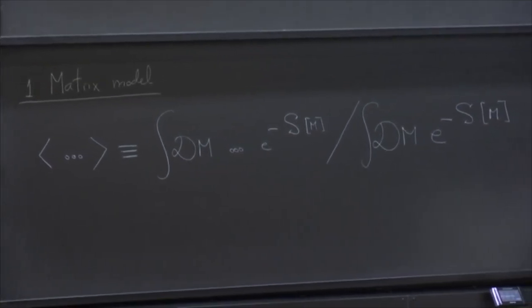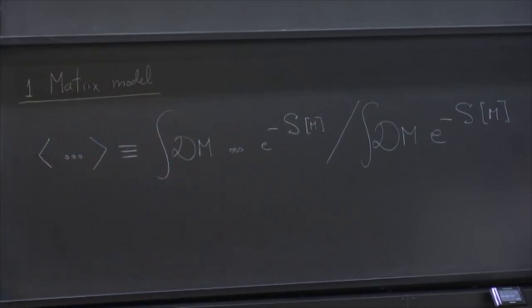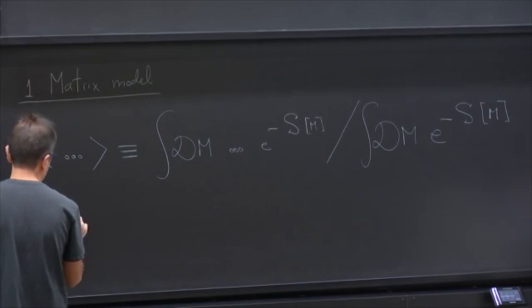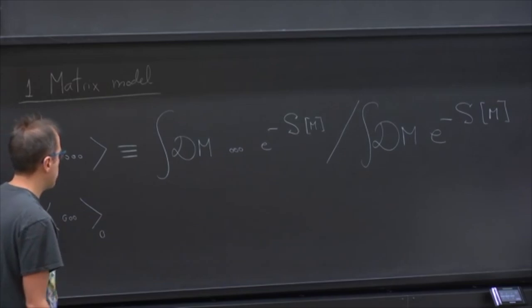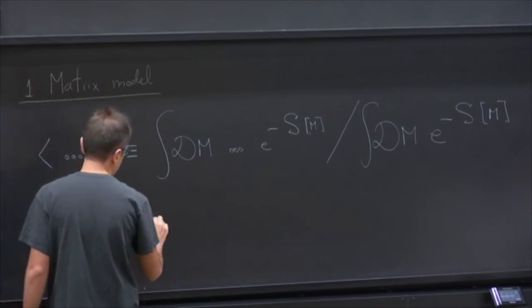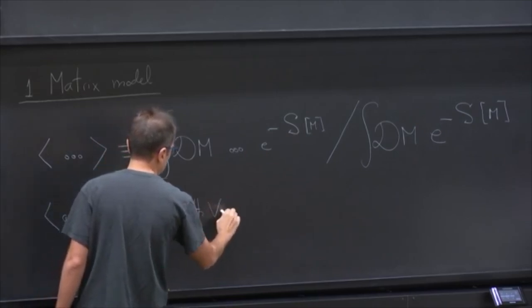Okay. So this is the definition of our matrix model. Let me also define the expectation value, maybe with an index 0, to be the same with no potential.